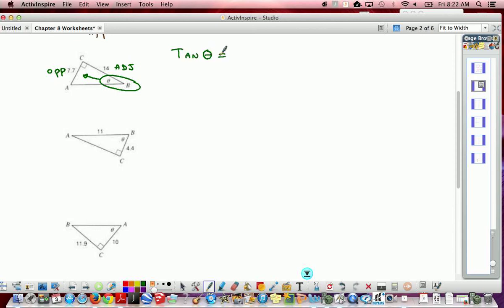So tangent of theta is equal to 7.7 over 14. So again, I want to get theta, or the angle, by itself, so I go tan inverse on this. So theta equals tan inverse, in parentheses, 7.7 divided by 14.